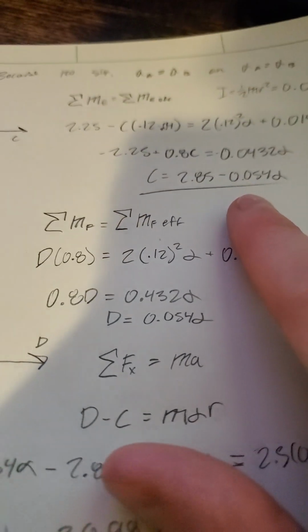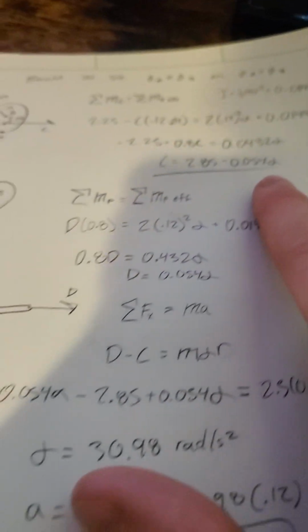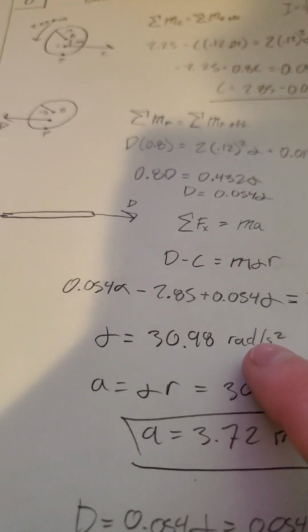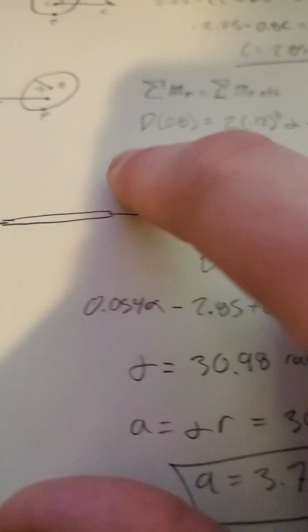So you can just plug in all these numbers, and we're going to get an equation with two variables, and it's going to have C and it's going to have alpha. So it's going to have the force pulling it that way, and it's going to have the ultimate angular acceleration of the disk. And then I did the same exact thing for D.